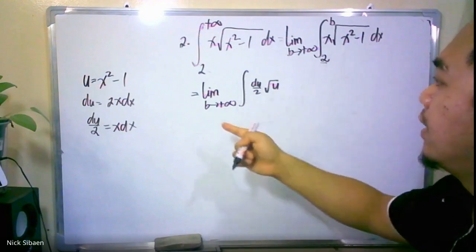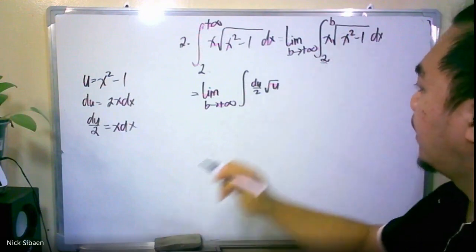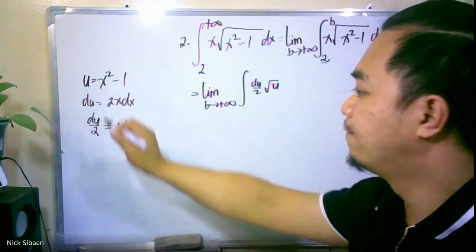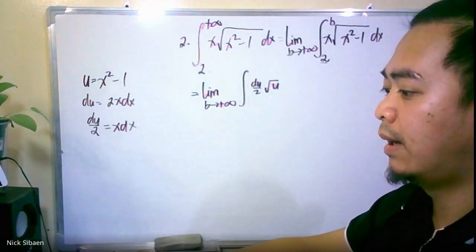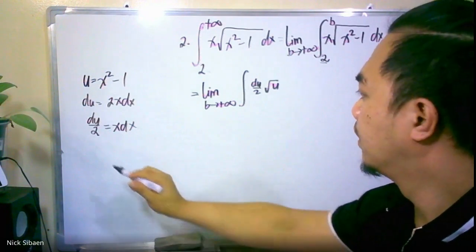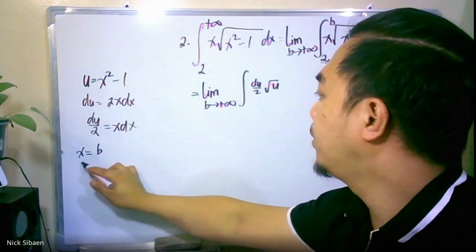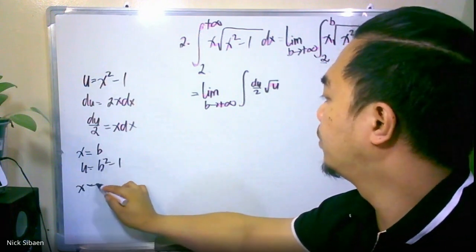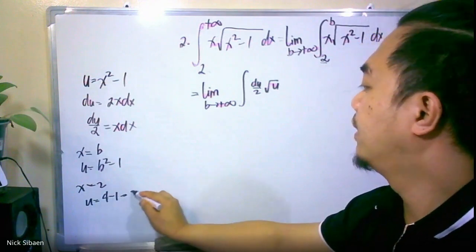How about the limits? Since nag-substitute tayo, dapat meron tayong substitute din sa limits natin. So how do we do that? Balikan natin dito, no? If x is equal to b, what is u? So that is b squared minus 1. If x is equal to 2, what is u? U is equal to 4 minus 1, that is 3.